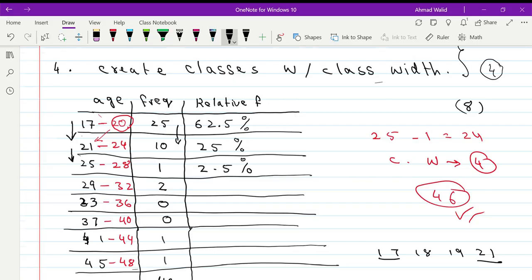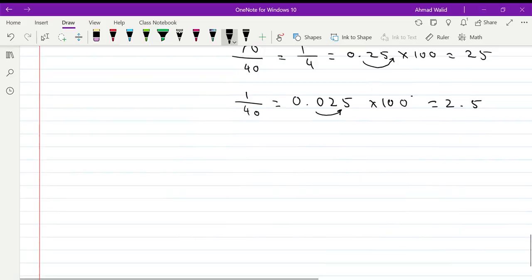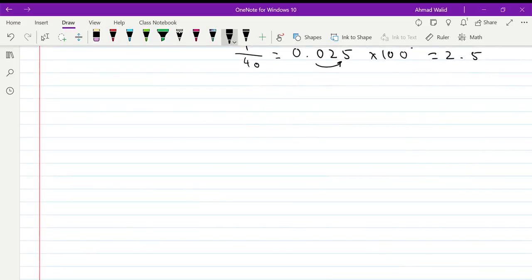Next one, 2 divided by 40, which gives you 1/20, correct? And again, if you use your calculator, 1 by 20 gives you 0.05, correct?